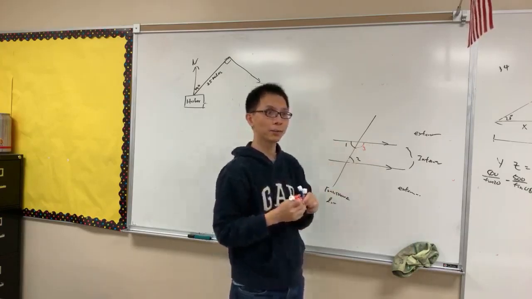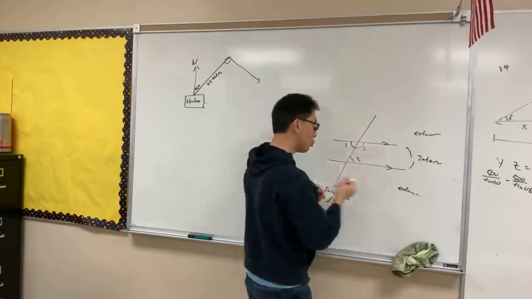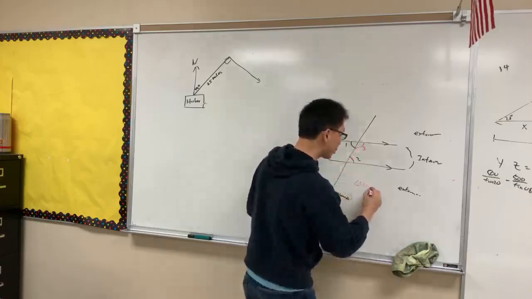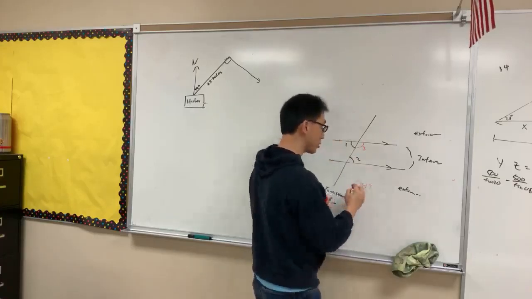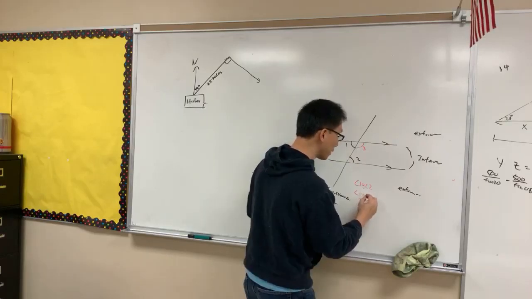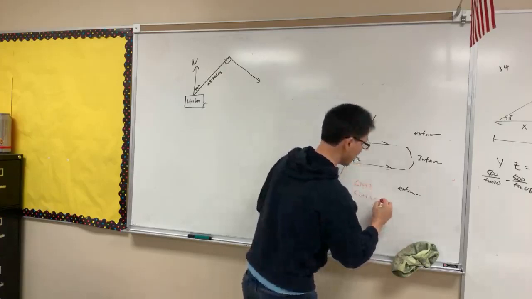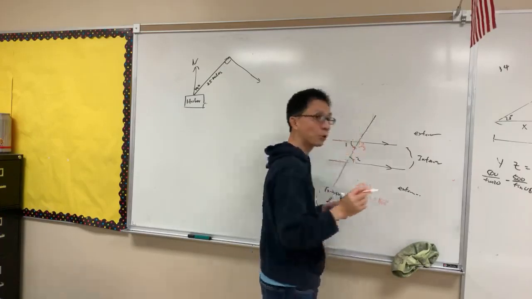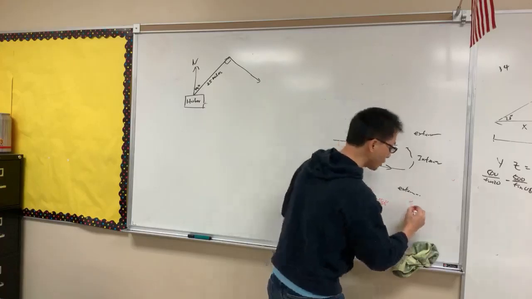Angle 1 is equal to angle 2 because they're alternate interior angles. But angle 2 plus angle 3 is supplementary. Supplementary, so it's 180. How do I know whether it's supplementary or complementary? Here's how you tell.